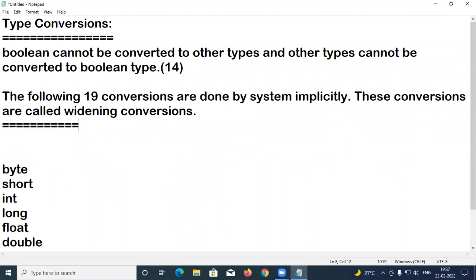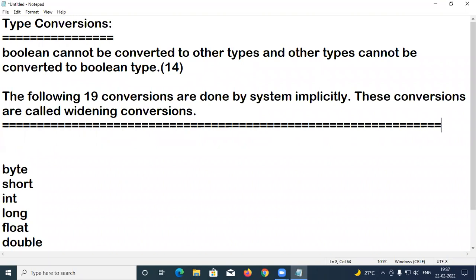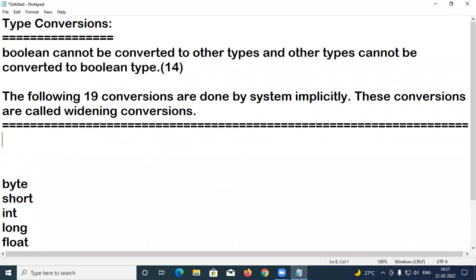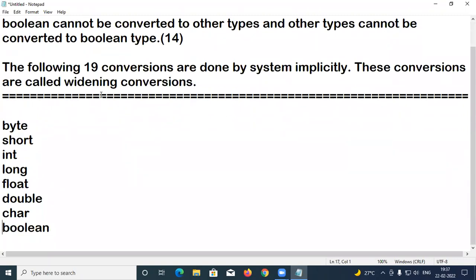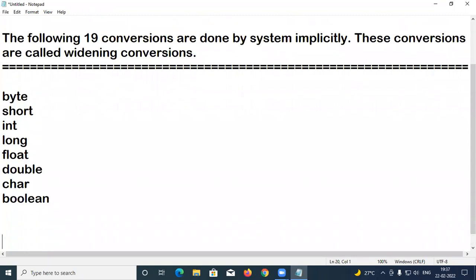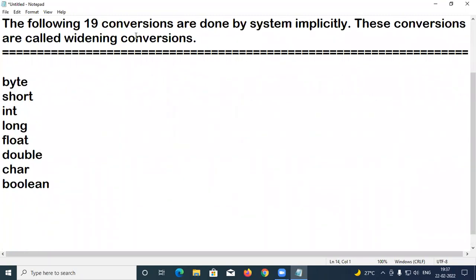If any doubts are there, just write them in your notebook. At the end of the session, I'll clarify your doubts. Okay. First, listen to the class. The following 19 conversions are done by the system implicitly. These conversions are called widening conversions.